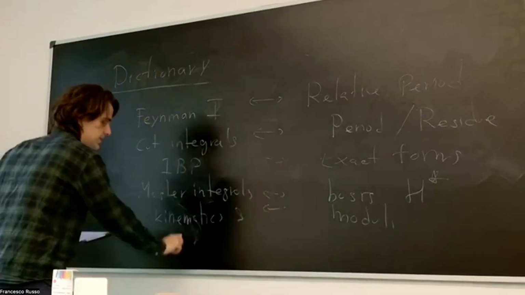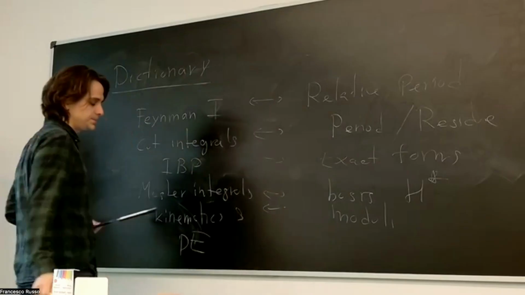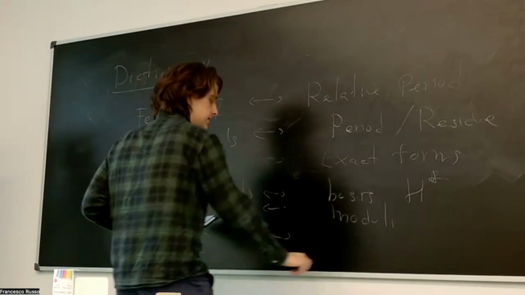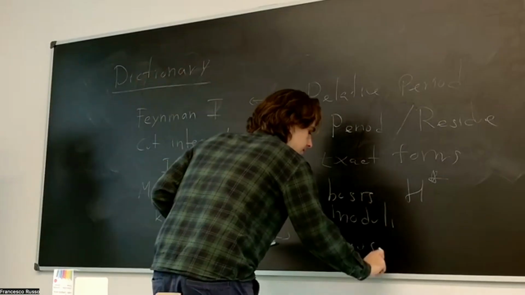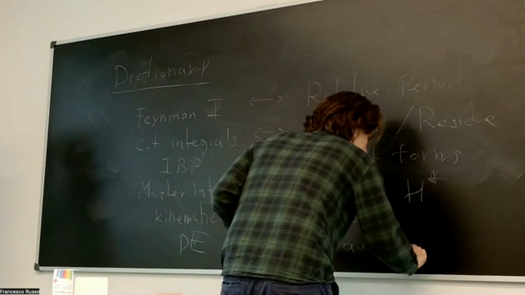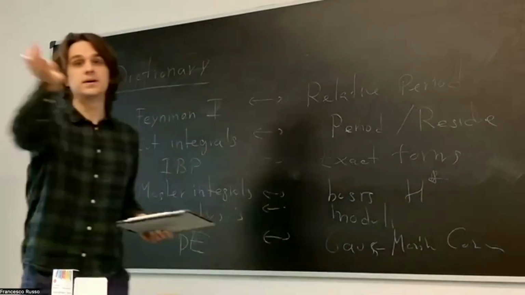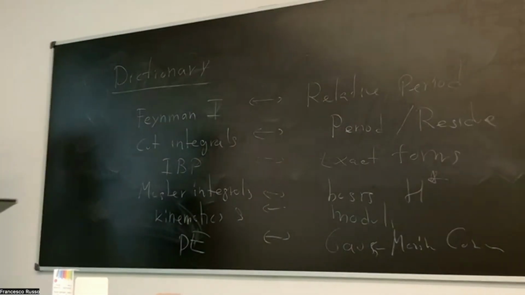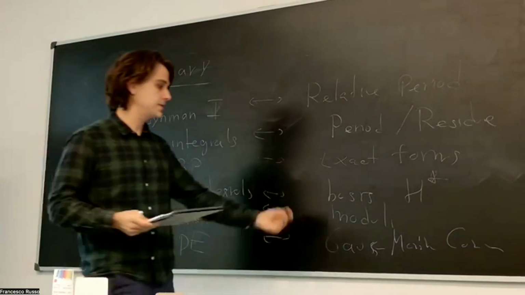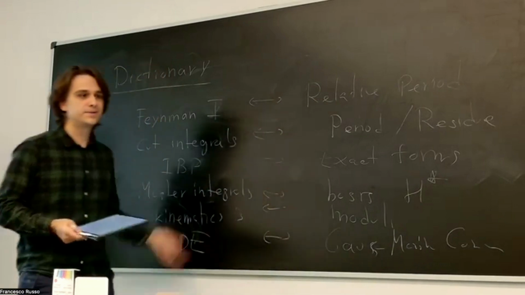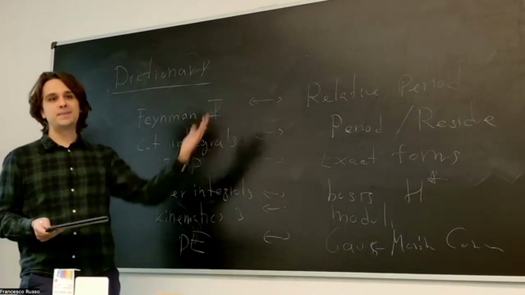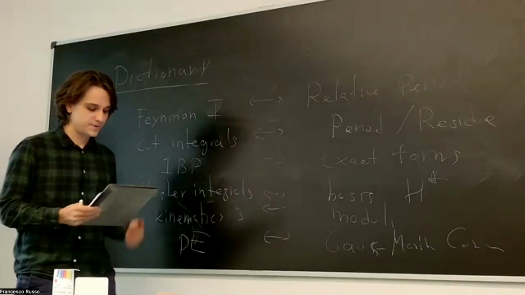And the last thing is that this differential equation that we write is precisely this Gauss-Manin connection, that describes the variation of the Hodge structure, mixed Hodge structure, which is associated with this variety. So all of these things people kind of discovered essentially independently, but it's of course the same thing.